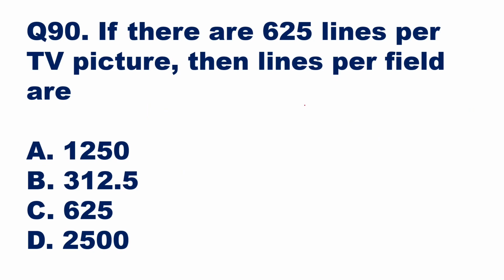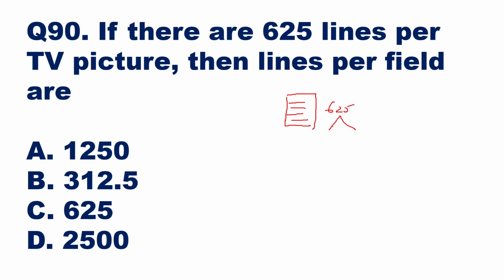If there are 625 lines per TV picture, then how many lines per field? Per TV picture, if you have around 625 lines, you're going to convert it into two fields: one is the odd field, one is the even field.